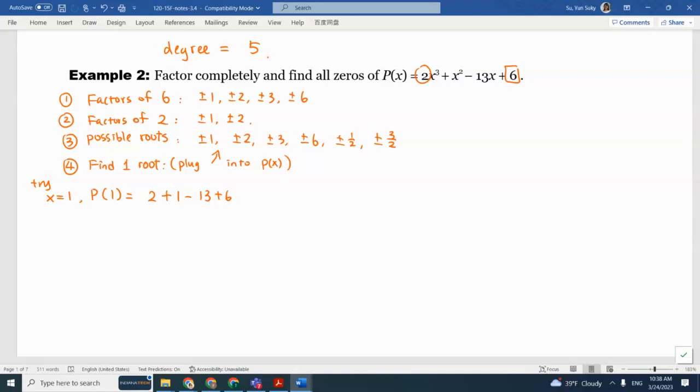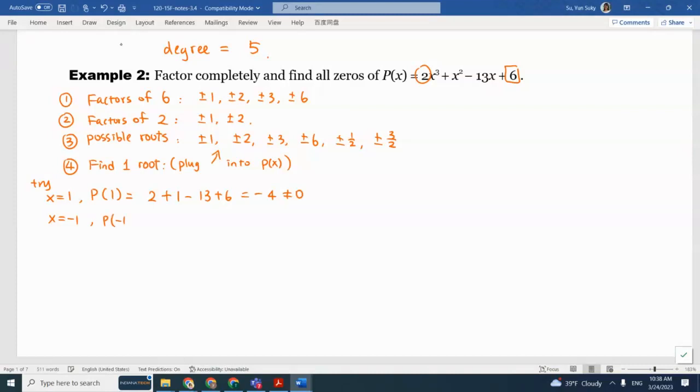2 plus 1 is 3, minus 13 is negative 10, plus 6 is negative 4, right? Negative 4 is not 0. So 1 is not a root. Then you keep going until you find one root. What's the next number we try? Negative 1.